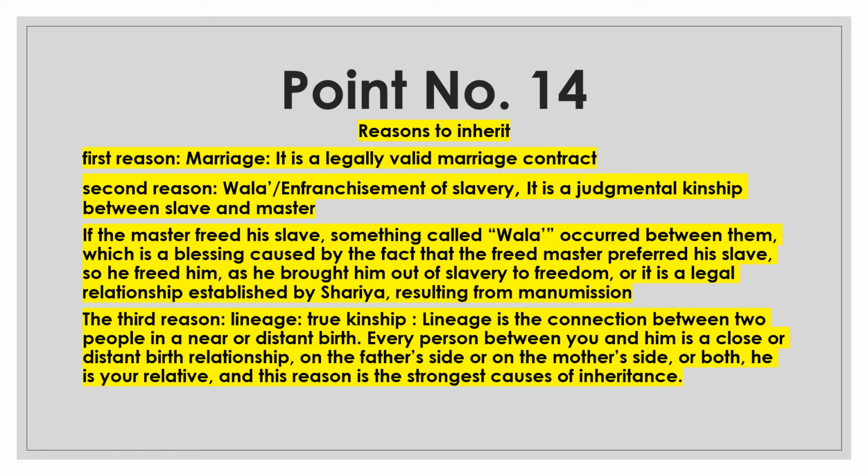So every person between you and him is a close or distant birth relationship on the father's side, on the mother's side, or both. He's your relative, and this reason is the strongest cause of inheritance, definitely. So these are the three reasons: marriage, wala, and the third one is lineage, the true kinship.